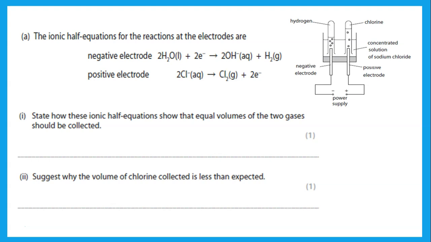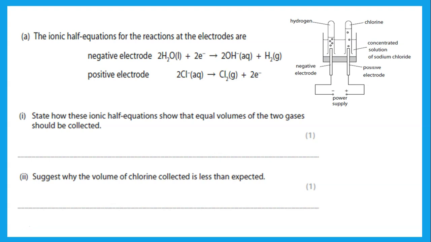Then the question says, state how these ionic half equations show that equal volumes of the two gases should be collected. Now, if you look at the two equations, they both have the same number of electrons. Remember that in order to compare, these are called ionic half equations, and in order to compare them, they must have, first of all, the same number of electrons.